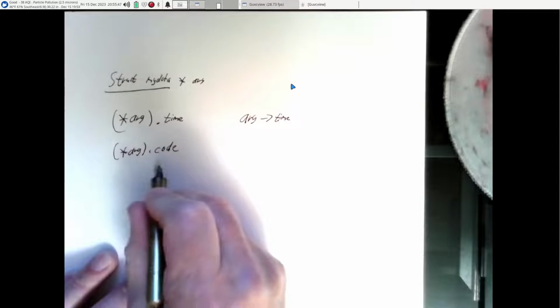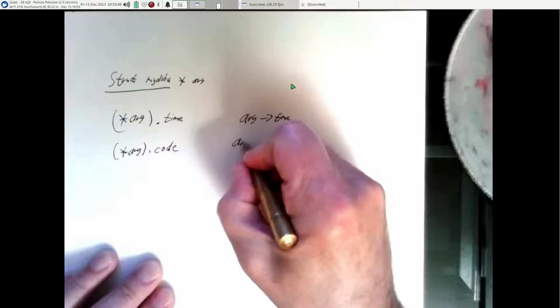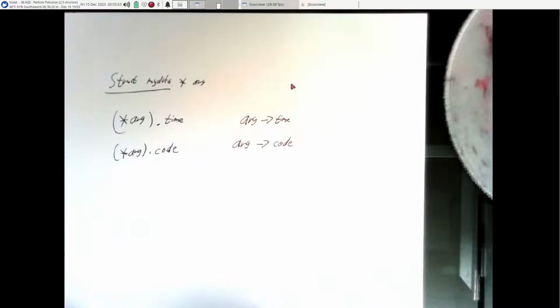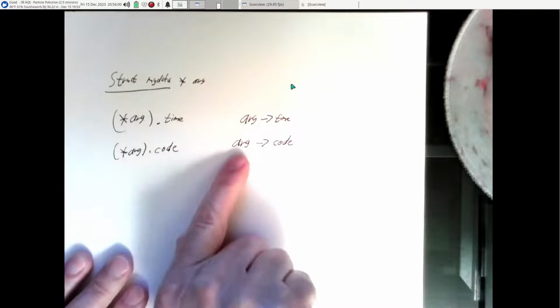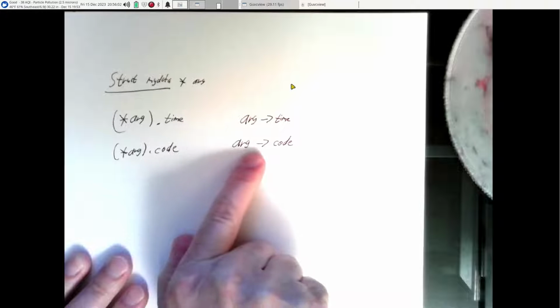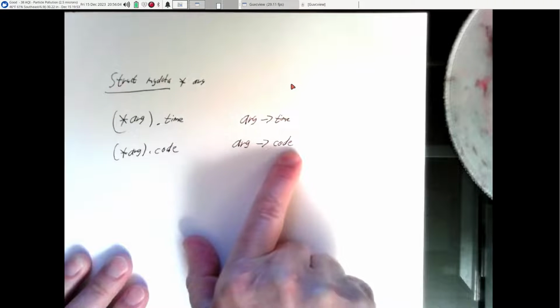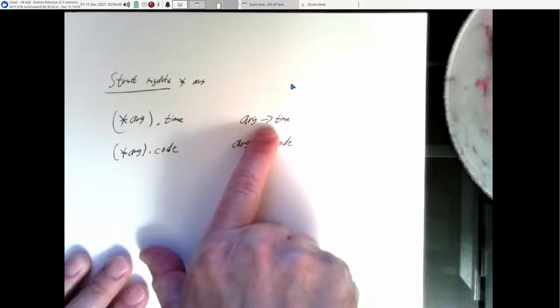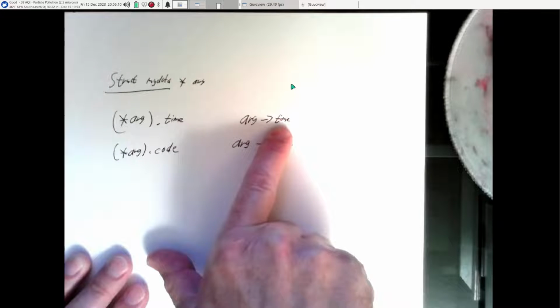And if we want to say (*arg).code, we can say arg arrow code. You'll figure out a way to interpret this when you see it, but to me, this says, arg is a pointer, go to the thing it points to and pull off the code piece. Arg is a pointer, follow it to the thing it points to, and then pull off the time piece.